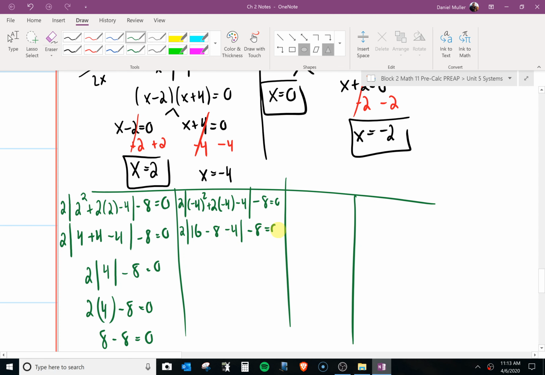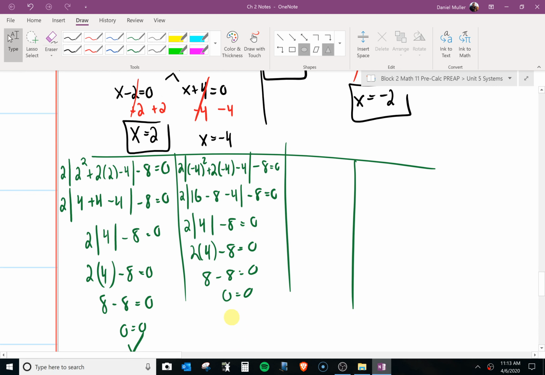Now let's take a look at what the inside of this absolute value actually is. 16 minus 8 is 8, 8 minus 4 is 4. And you can see here I get the exact same thing that I got there. So I know this is going to work. Absolute value of 4 is just 4. 2 times 4 is 8. 8 minus 8 is 0.